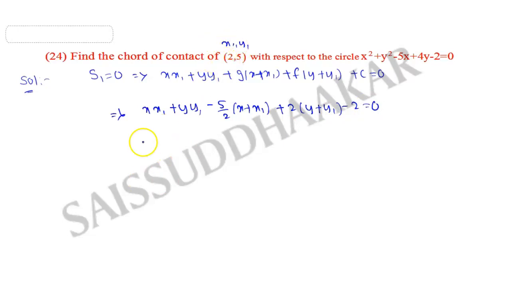Replace x1, y1 as 2, 5. So x into 2 plus y into 5 minus 5 by 2 into (x plus 2) plus 2 into (y plus 5) minus 2 equals 0.